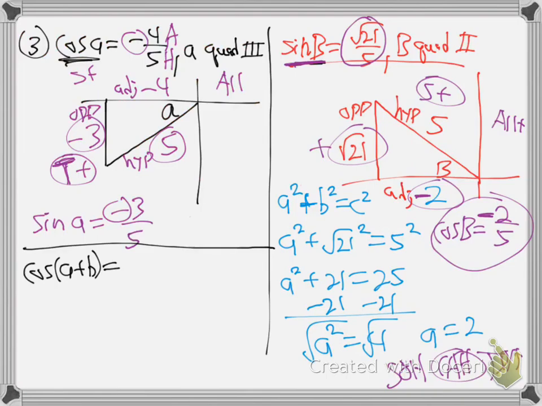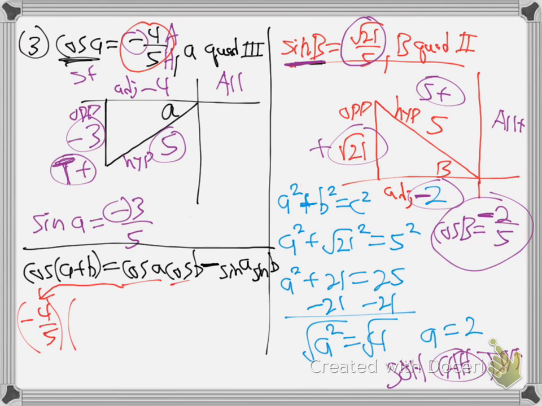So we go back and we use that. Where were we? So the cosine of A plus B is cosine, cosine, sine, sine, A, B. He's not our friend, minus. So there's what we need. We need cosine of A. What's cosine of A? Negative 4/5. Next comes cosine of B, minus 2/5.